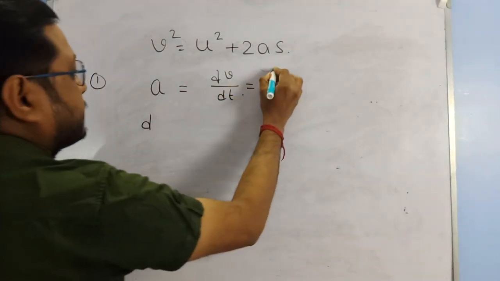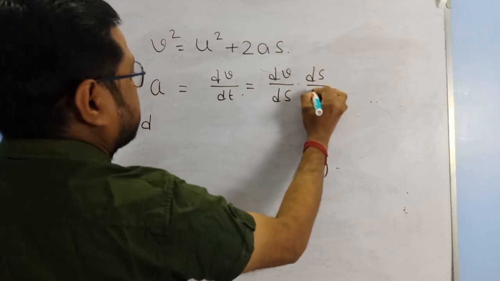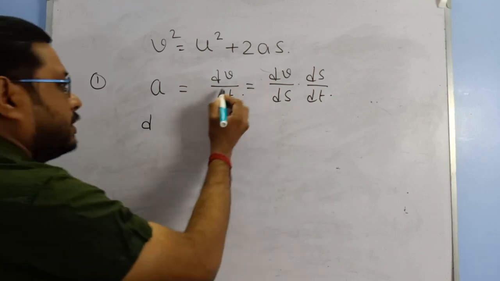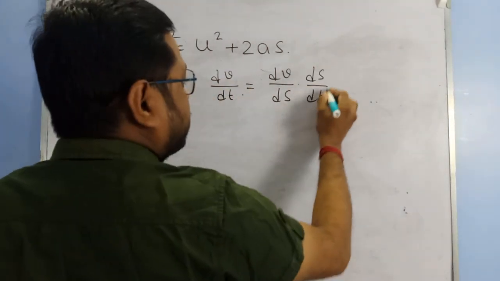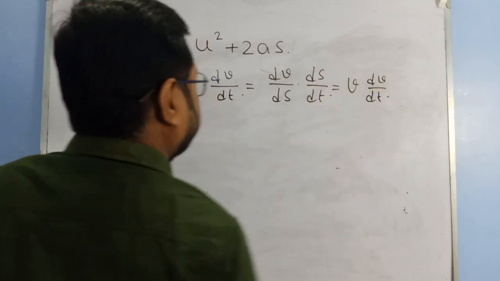We can write it as dv ds dt. So the original value dv dt is unchanged. Now ds dt is equal to v, so we can write it as v dv ds.